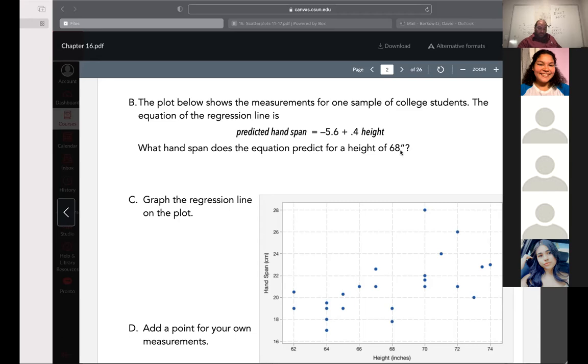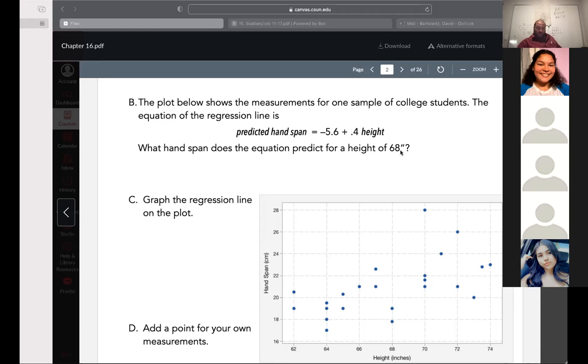And what do you get? I did not calculate it. I said it out loud. Give me a second. 21.6. 21.6. Do we agree? Everyone? Yeah. Does that make sense?